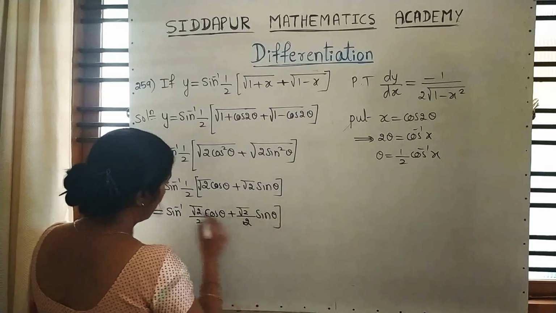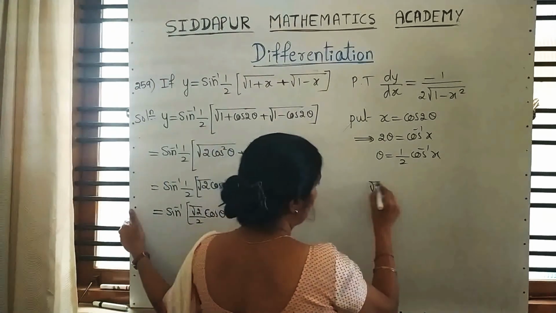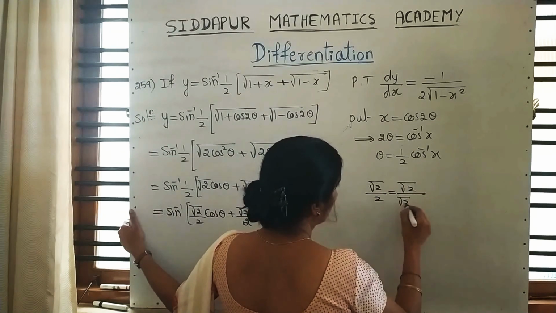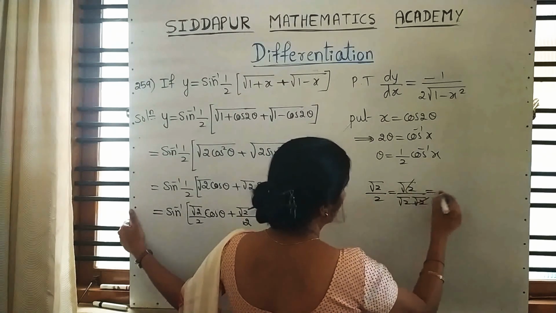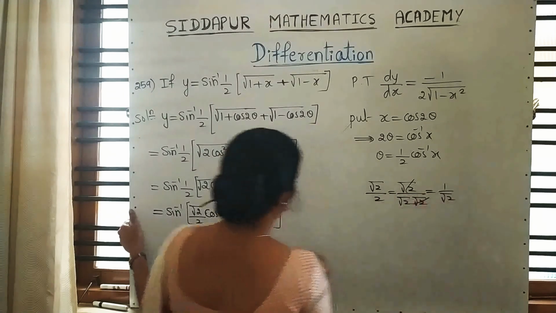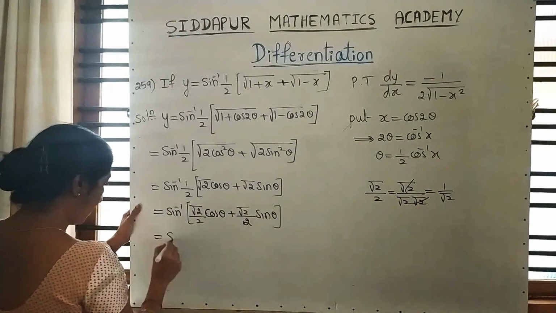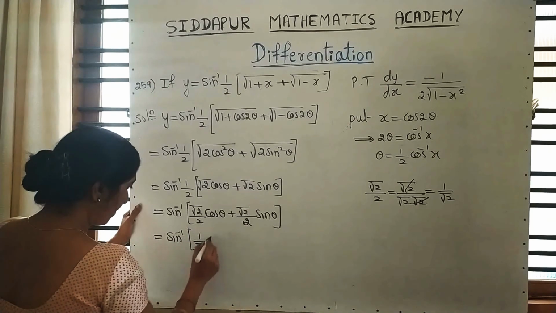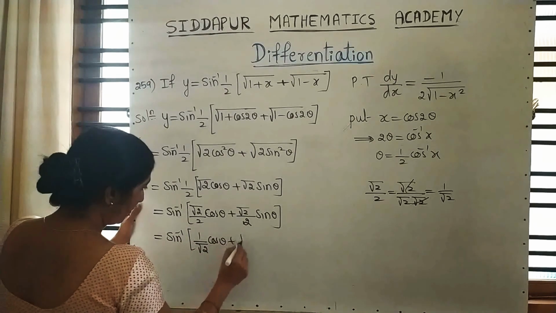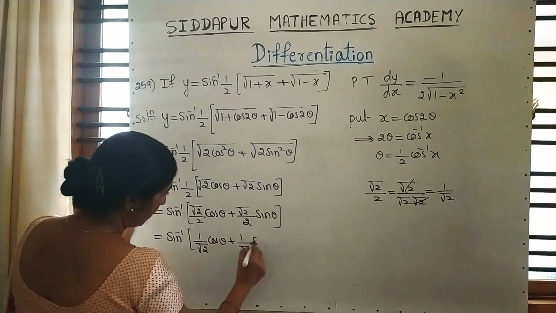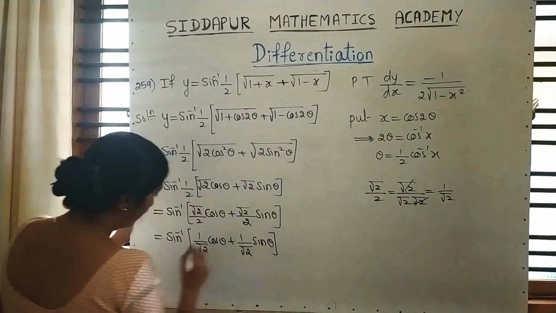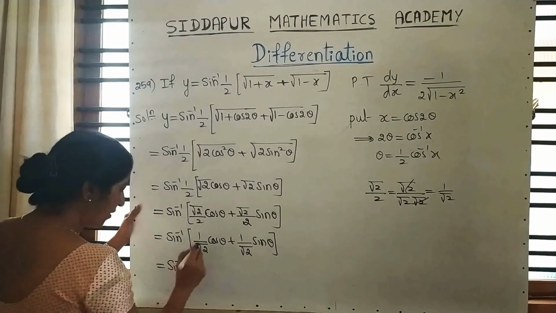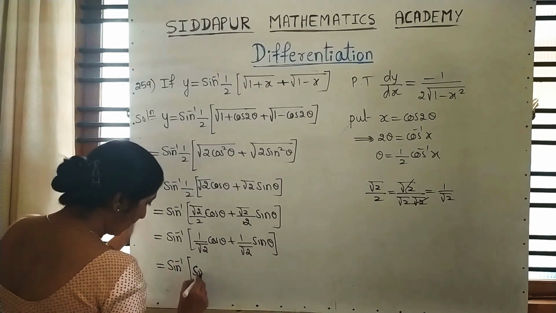I think you are familiar with this. Root 2 upon 2 will be written like this. Now, if you are familiar with the formula, you know what to write. 1 by root 2 I am writing as sin pi by 4.